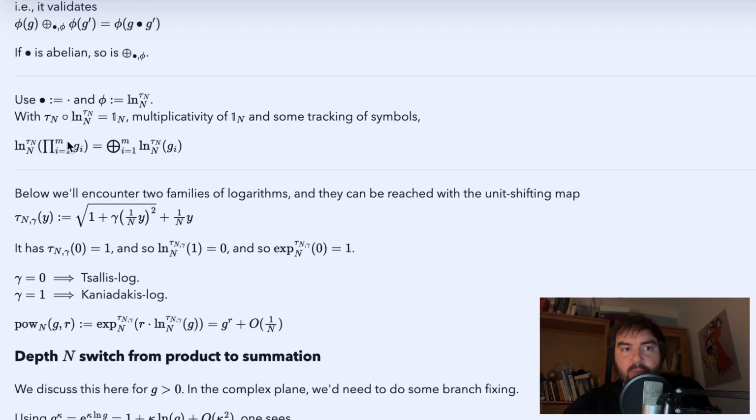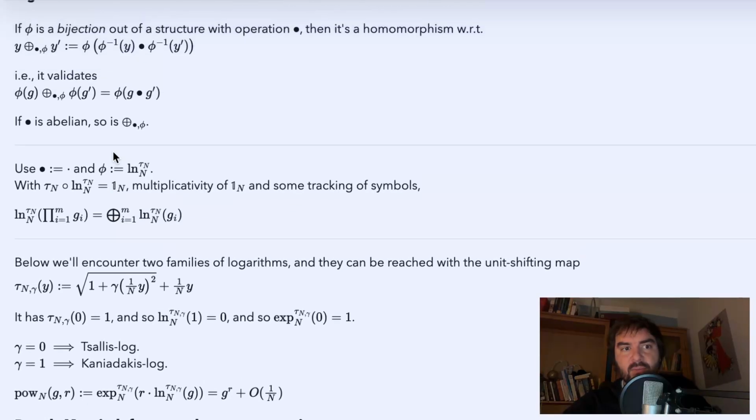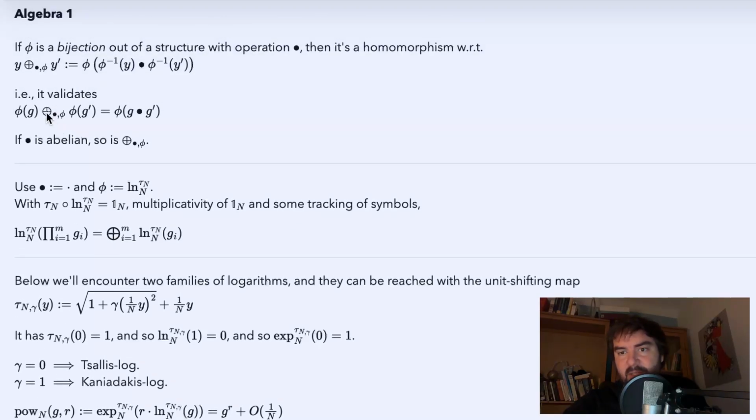So the logarithm of a product of numbers is some sum of the logarithms of the numbers, except we have not even specified yet what this plus really is, because it's parameterized in terms of this general diffeomorphism.